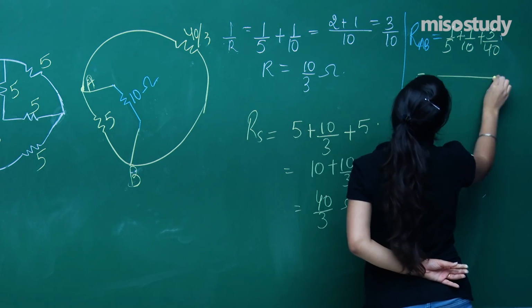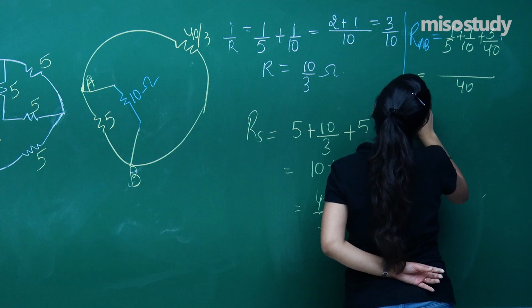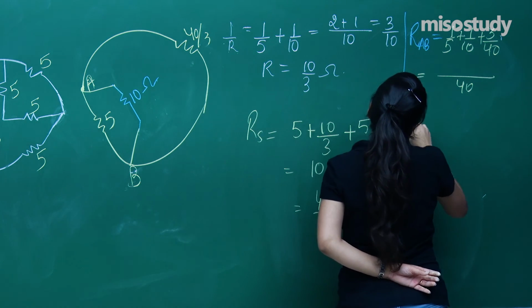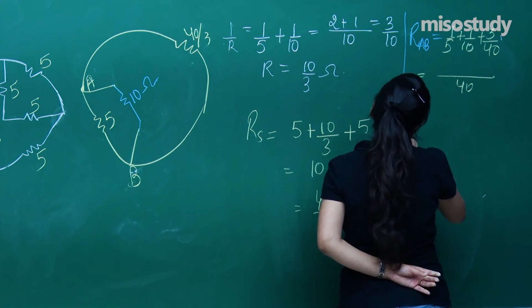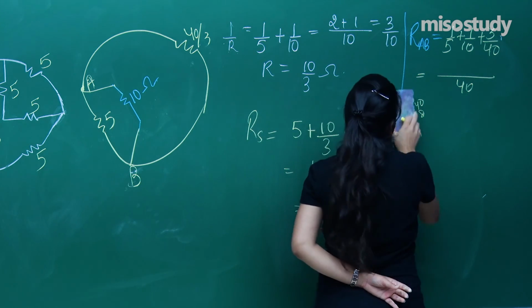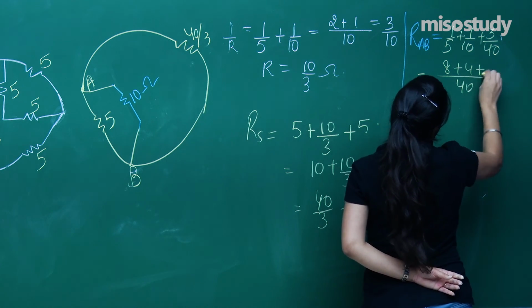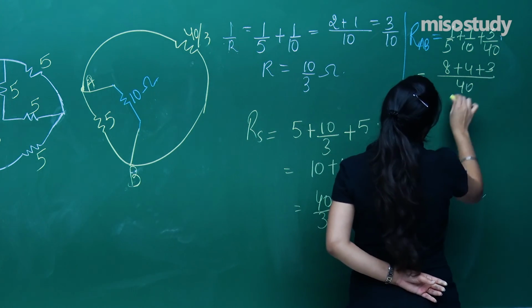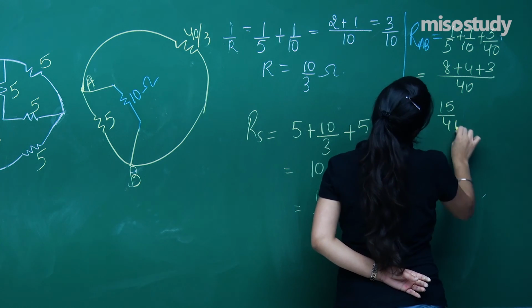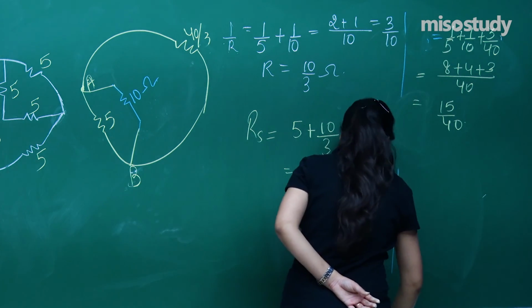So if you solve this, you will see that it is nothing but, let me just make it again. Okay, so yes, this is 40. So this can be written as 1 by RAB, not as RAB.